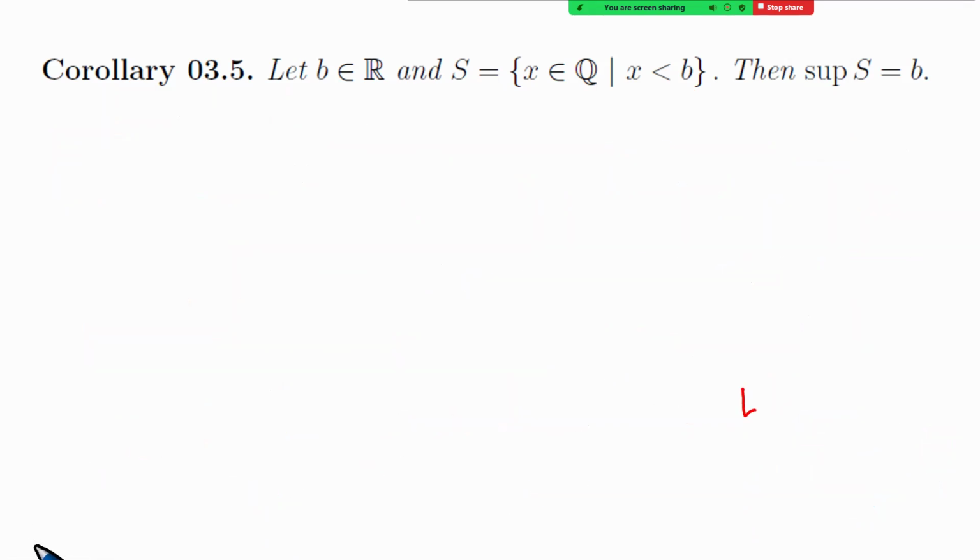Okay. Now, I want us to explore this case in line with this corollary 03.5.